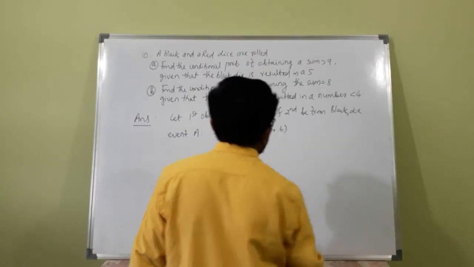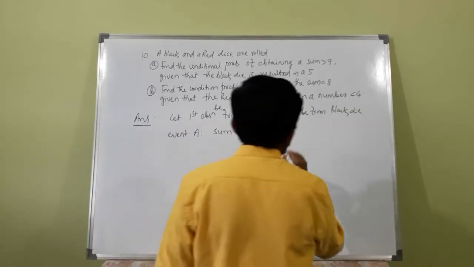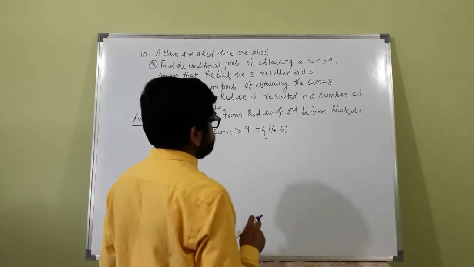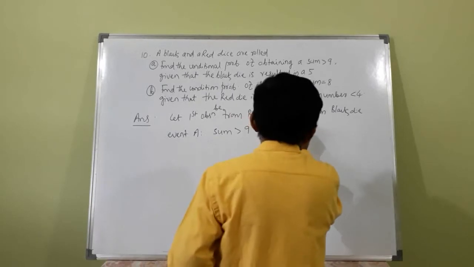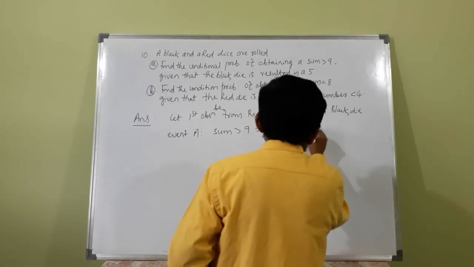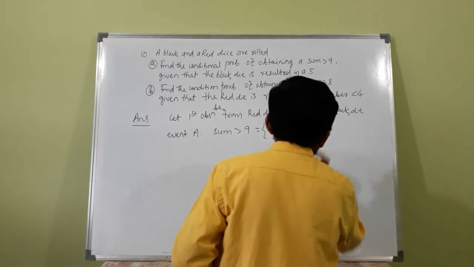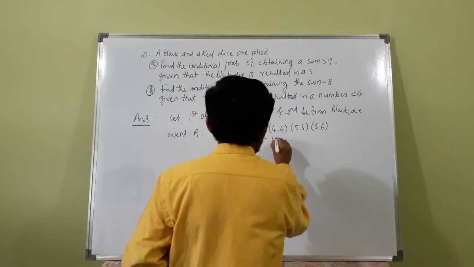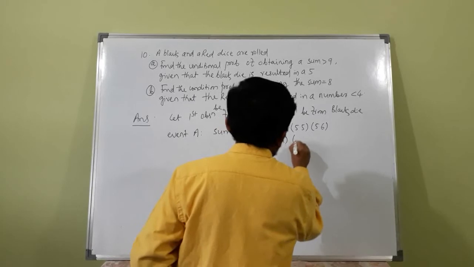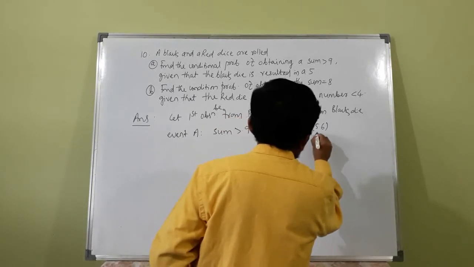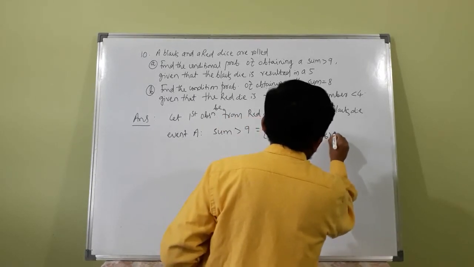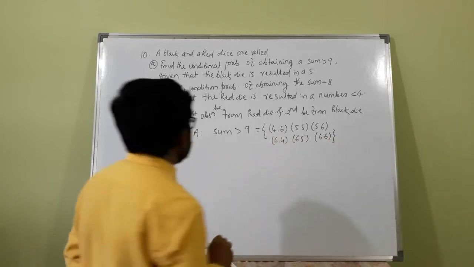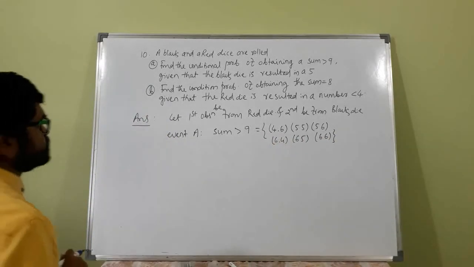In the fifth row, 5, 4 is not allowed, so 5, 5 and 5, 6. Next, in the sixth row, 6, 4, 6, 5 and 6, 6. So these are the 6 observations.